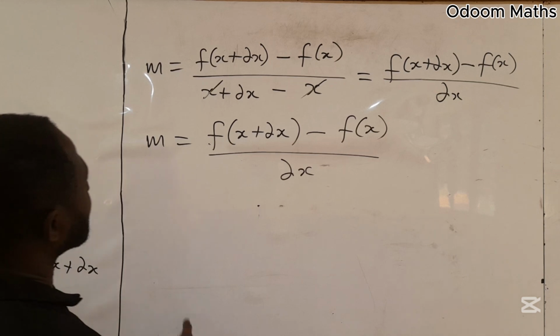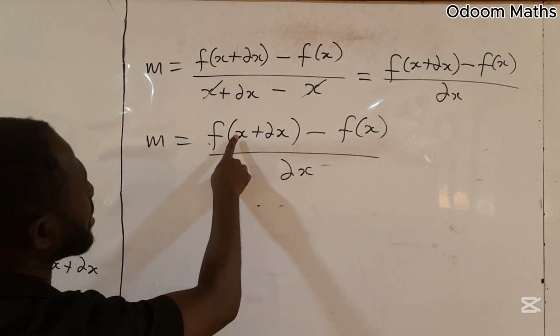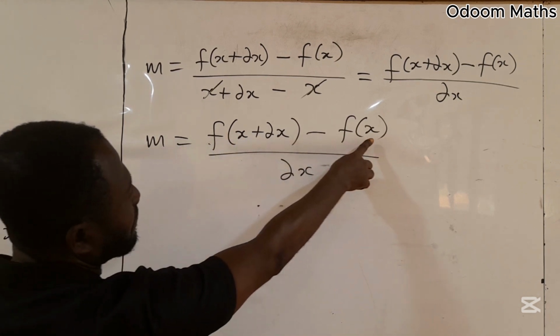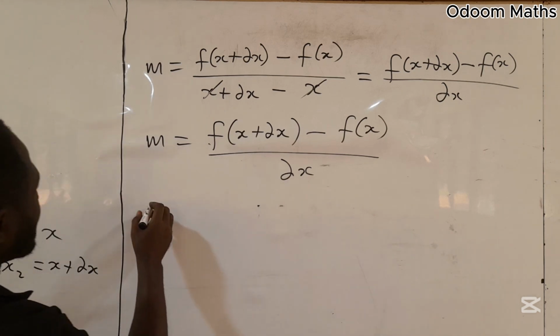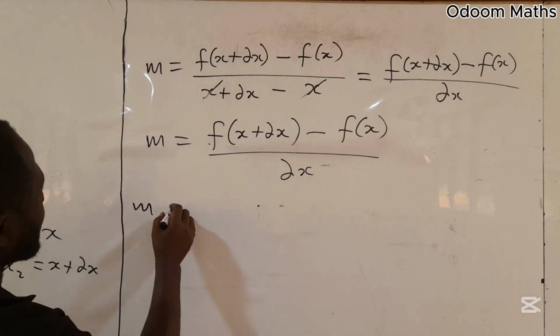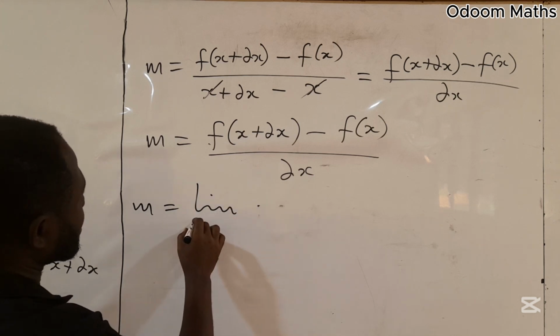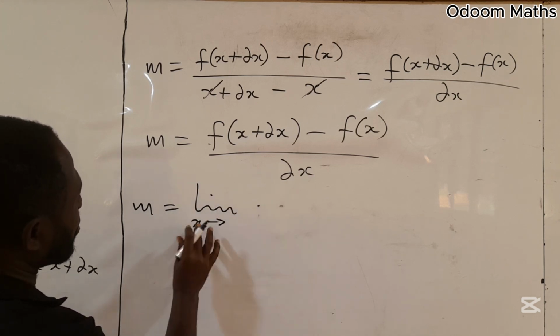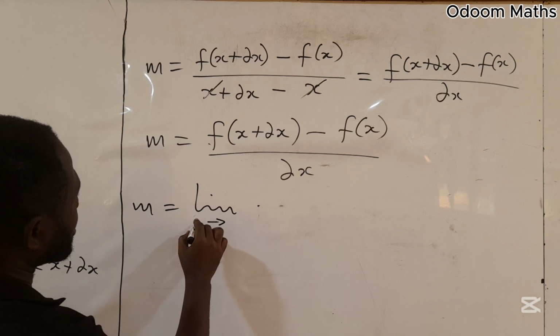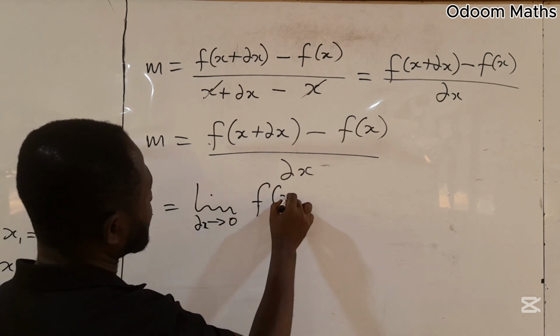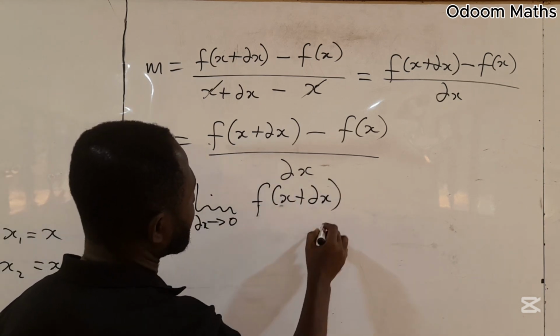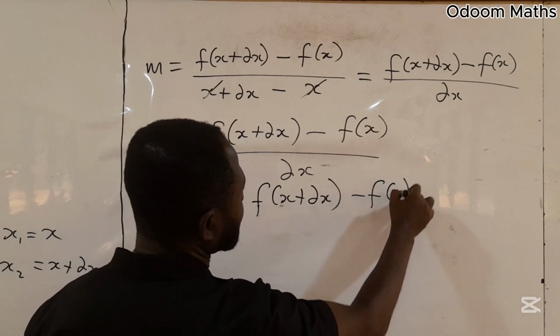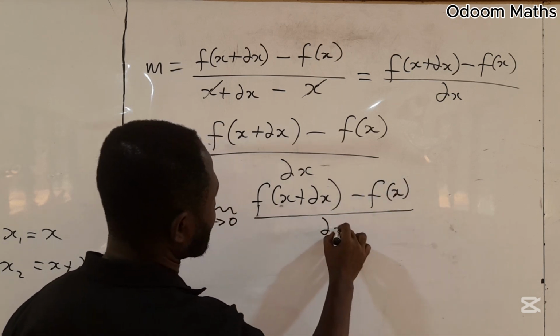So the limit of m, which is equal to f of x plus del x minus f of x all over del x, will be m equals the limit as del x approaches 0 of f of x plus del x minus f of x all over del x.